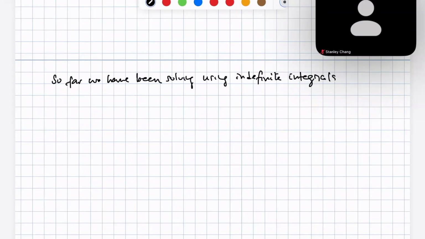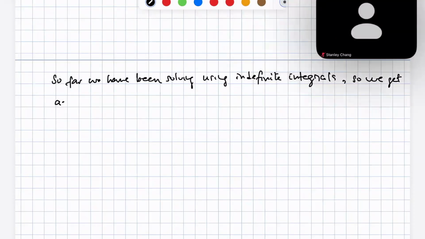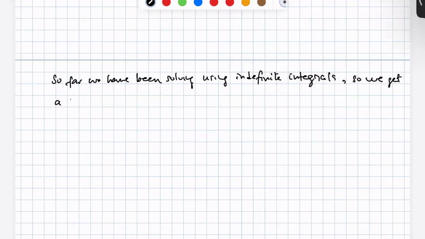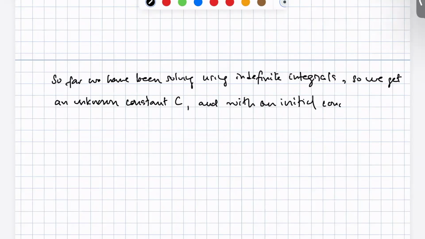Once we solve using an indefinite integral, we get a plus c, an unknown constant, and with an initial condition we can solve for c.